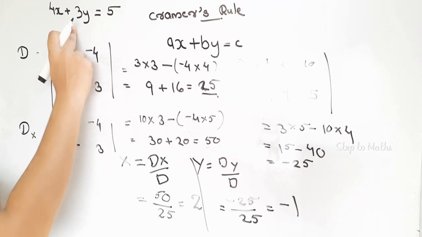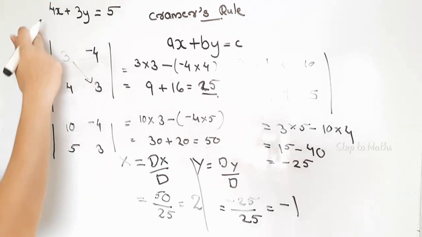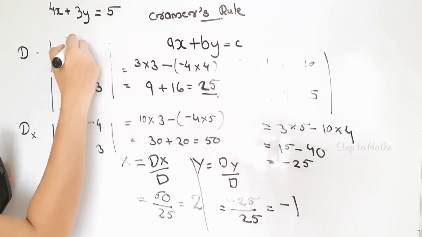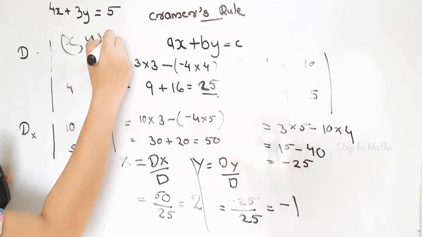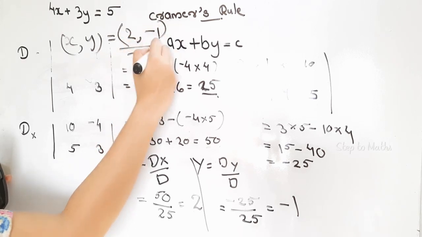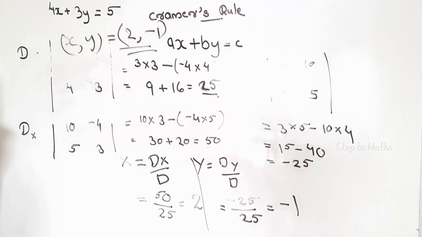That means the solution of this simultaneous equation is (x, y) = (2, minus 1). This is the Cramer's rule method for solving simultaneous equations.